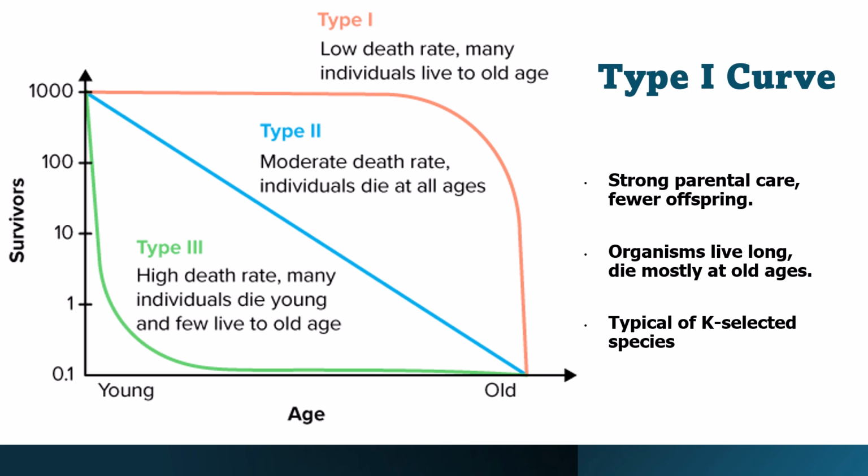For example, in humans, wealthier nations fit this model, as do elephants and primates. These organisms follow what is often called a K-selected strategy, prioritizing quality of offspring over quantity. The drawback of this type of curve is that if environmental conditions suddenly shift, the population may not rebound quickly.